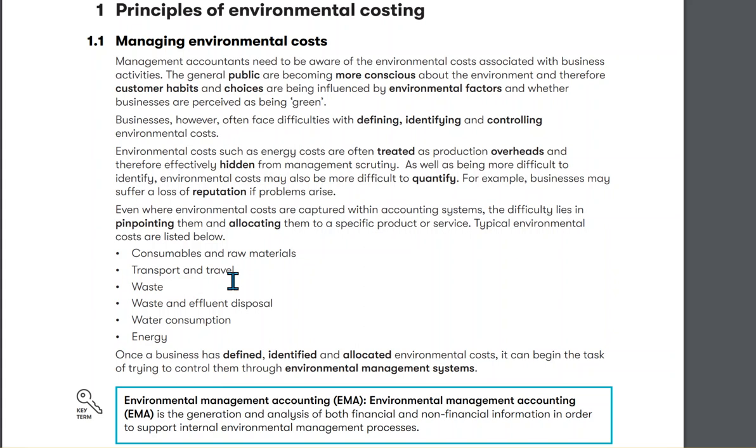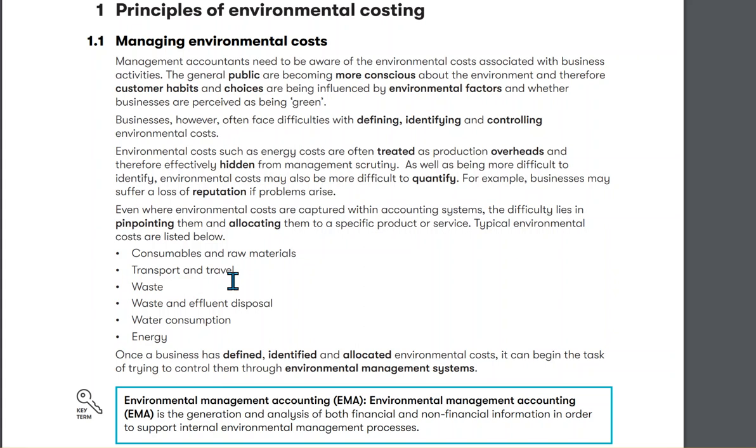Transport and travel: the cost of transporting waste to the location of disposal, or general transportation costs, like cars emitting carbon waste. You might have studied this in process costing in F2.